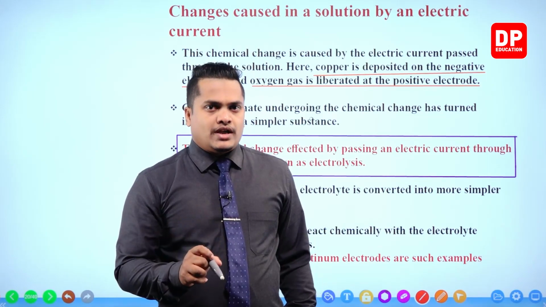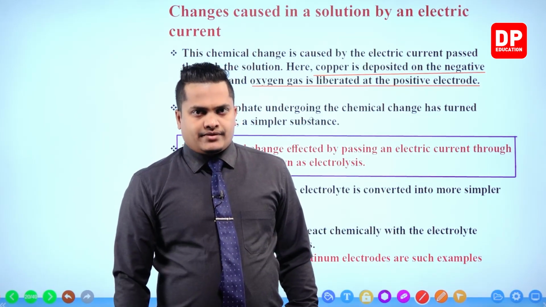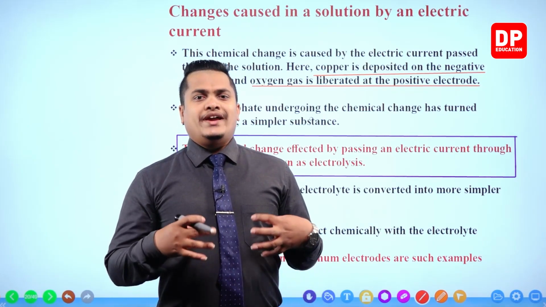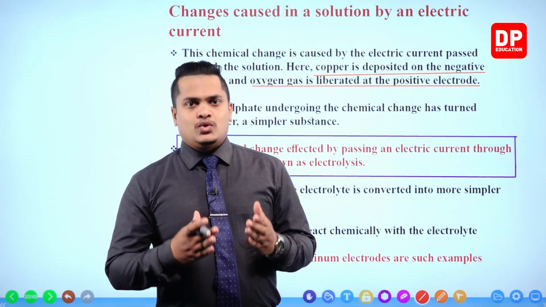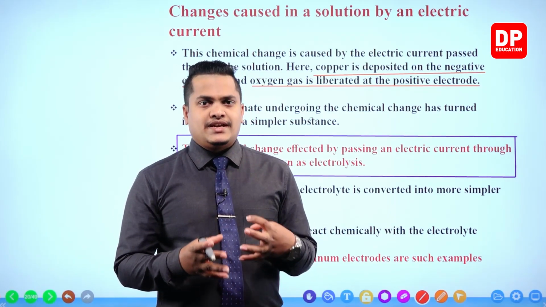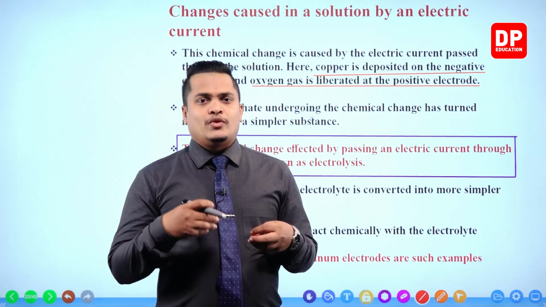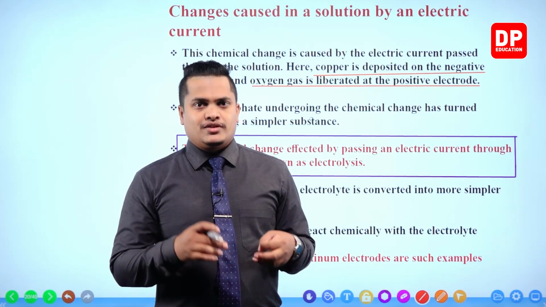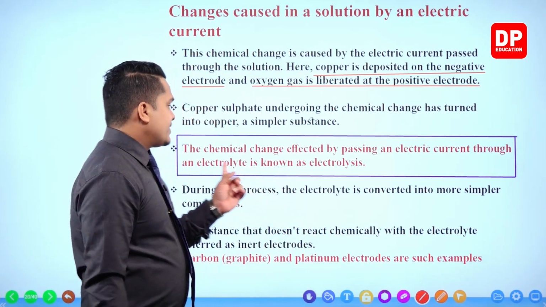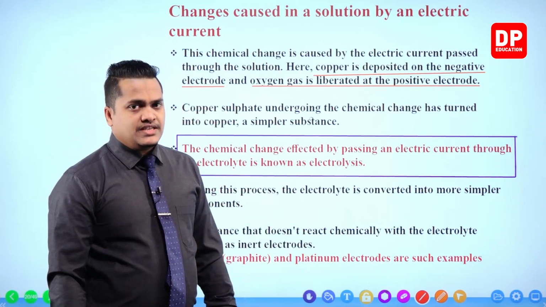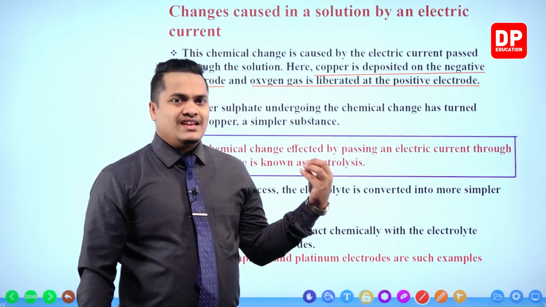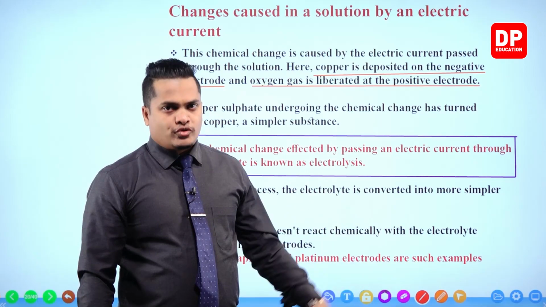Electrolytes are the ones which can be converted into simpler substances by providing electricity. So, my dear children, electrolysis is the process of generating a chemical reaction by providing electricity to an electrolyte.